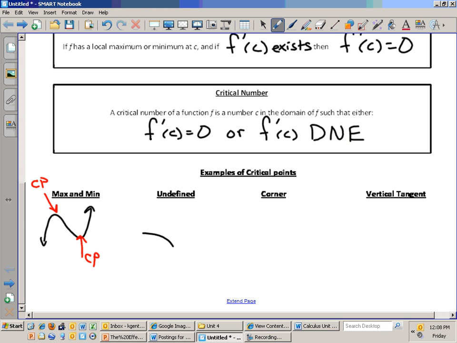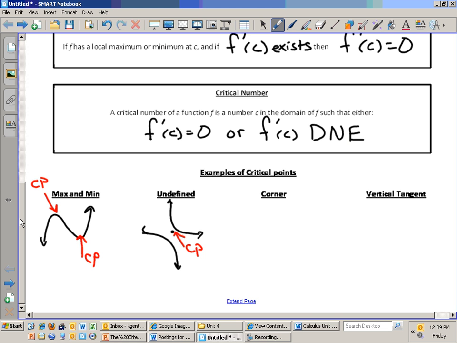And if I draw another graph that looks like this, this point right here is a critical point because the function is undefined at that spot, and therefore the derivative would be undefined as well. So that's a point we have to take into account.